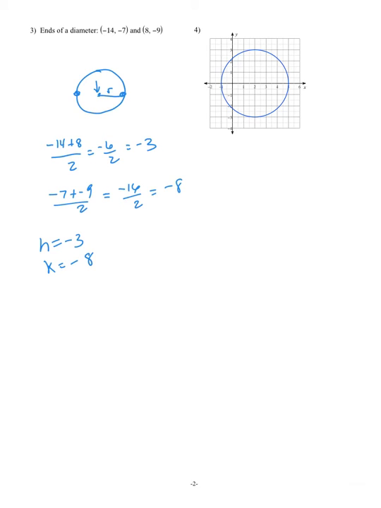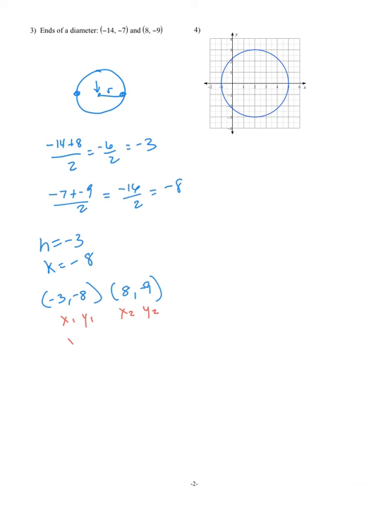And now to find the distance between the center, which is negative 3, negative 8, and either one of those points, doesn't matter which one we pick, they're both kind of ugly, but pick the prettiest one if there is one, and that's going to be x1, y1, x2, y2.